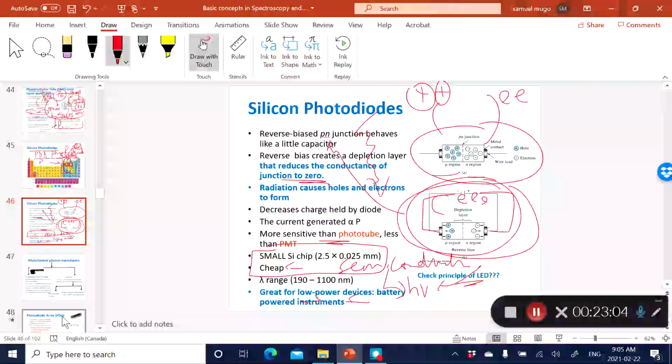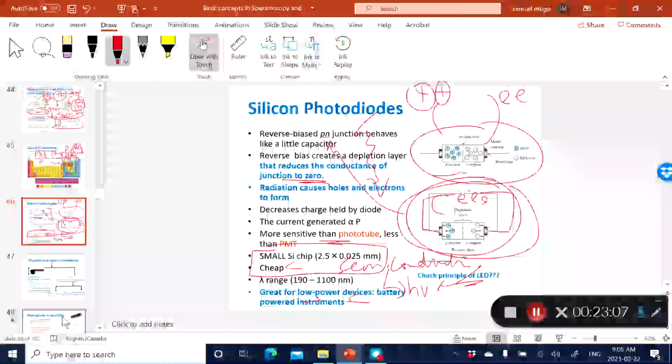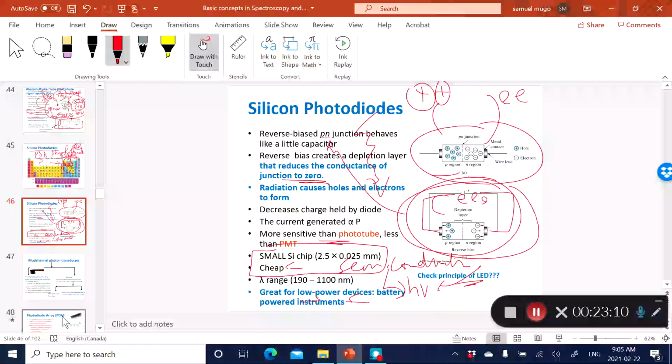For example, I can ask you to make a fairly small, portable spectrometer that you can take to the field where you do not have electricity. And so you have to justify the choice of any material that you integrate into that portable spectrometer. So be able to understand the basis of all these types of devices.